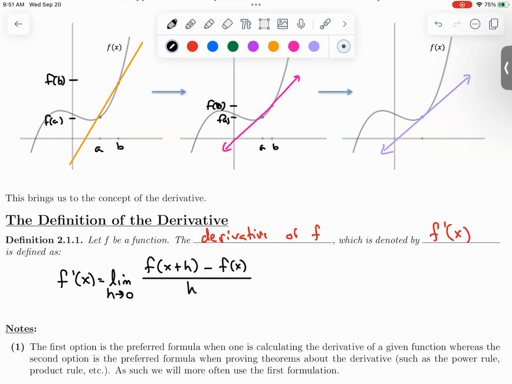The other way to write it, which is the way we use to describe how it works, is, in side note land, the limit as t approaches x of f of t minus f of x over t minus x. There are a lot of different ways you can write this.